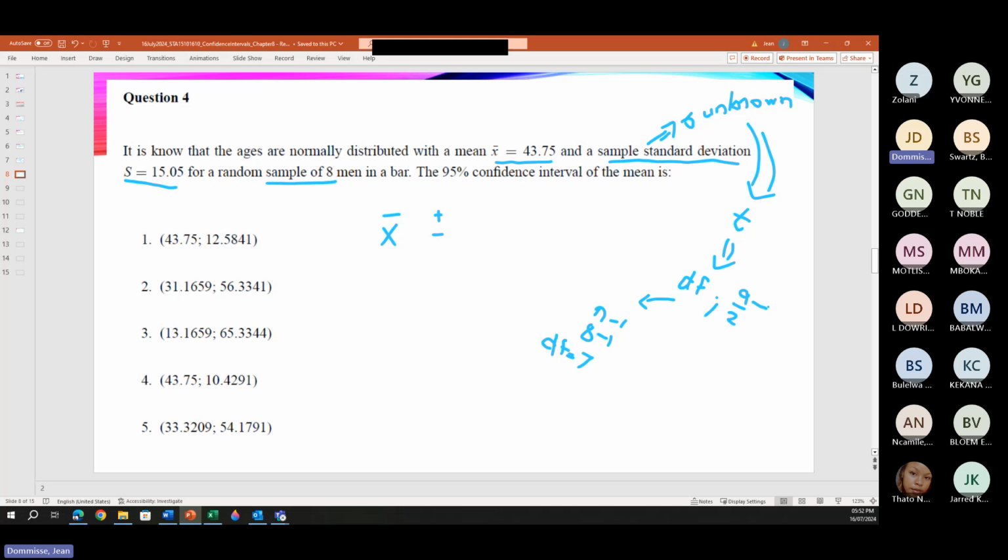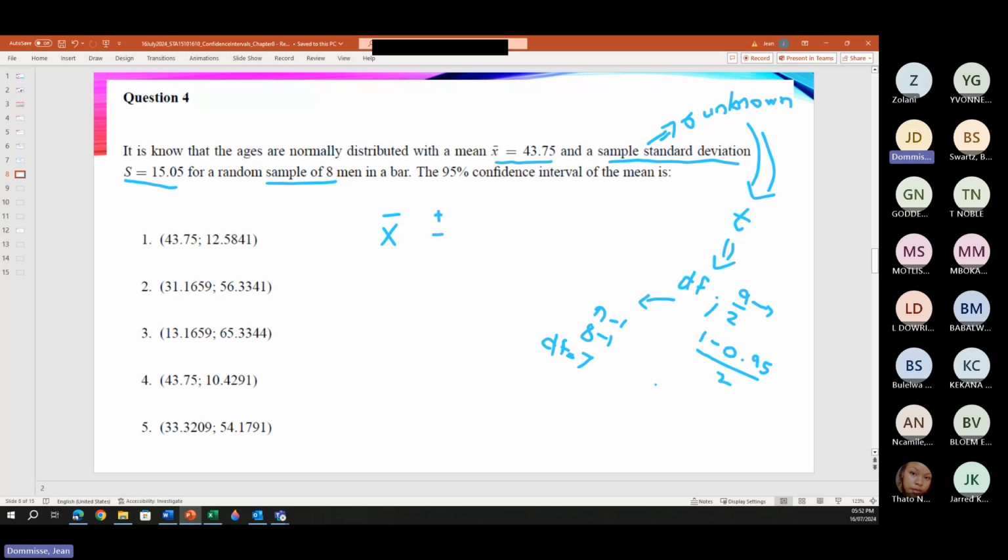How we get to the alpha, it is 1 minus the confidence interval, which is 1 minus 0.95, and that then divided by 2.